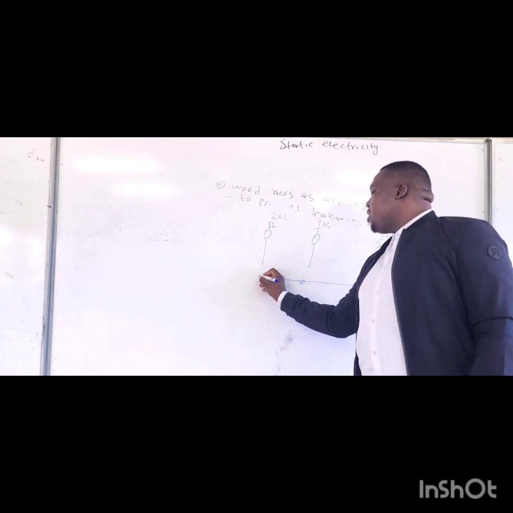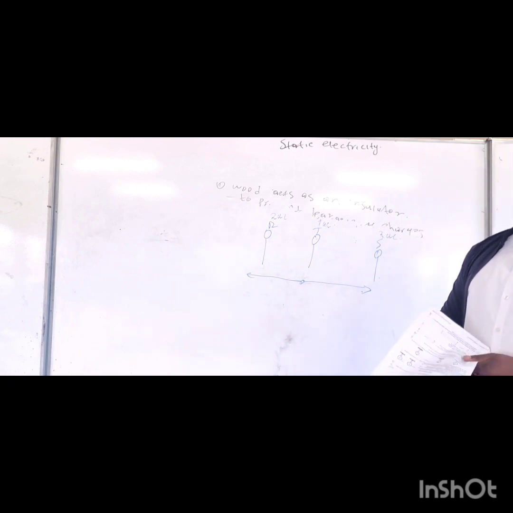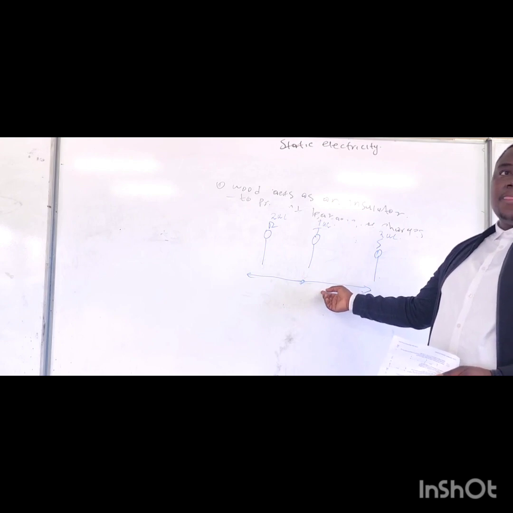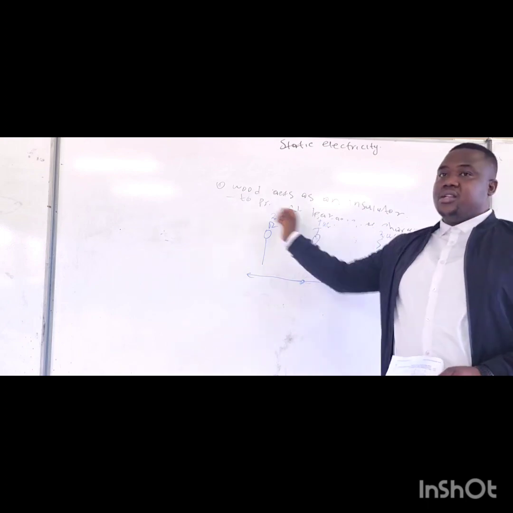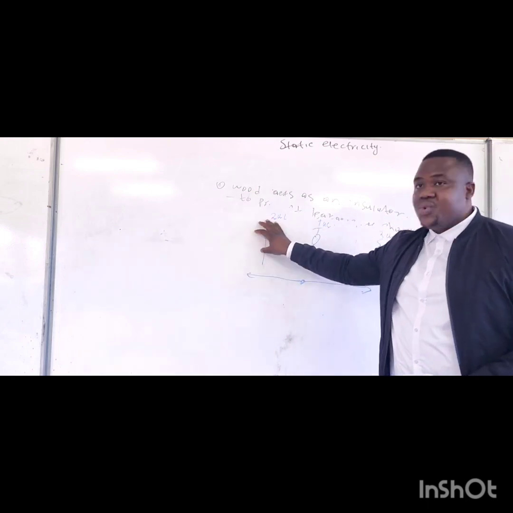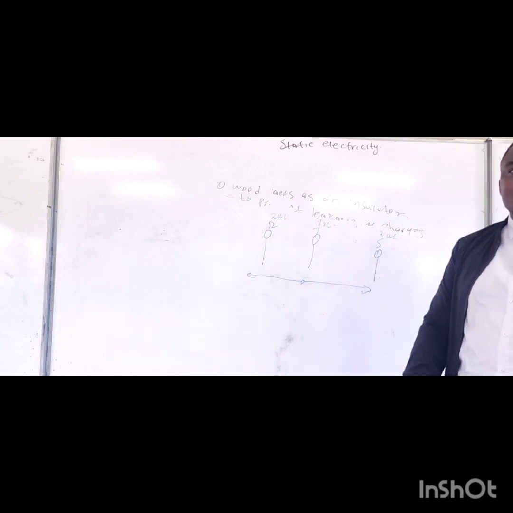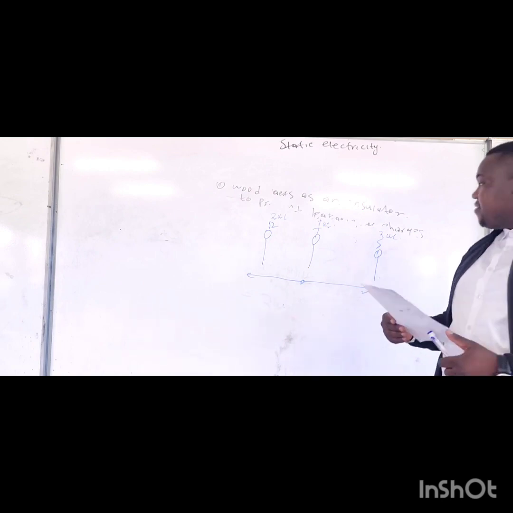Then we have that. Simple. That's how we draw our free body diagram. Understand? It means that this one will repel this one to this side, and this one will repel this one to this side. So that's what we are going to have.